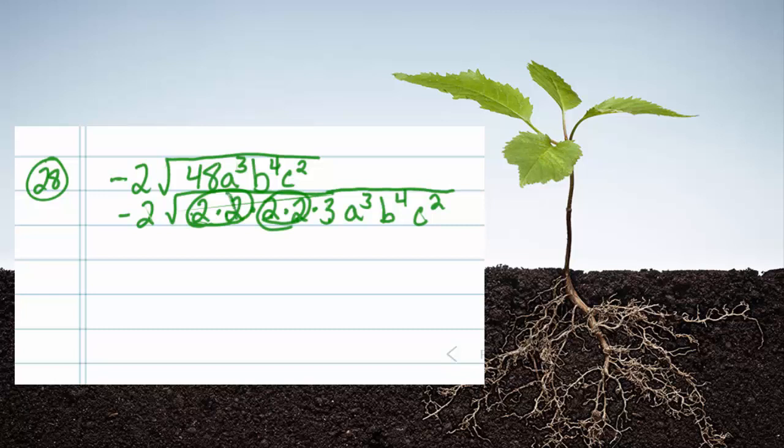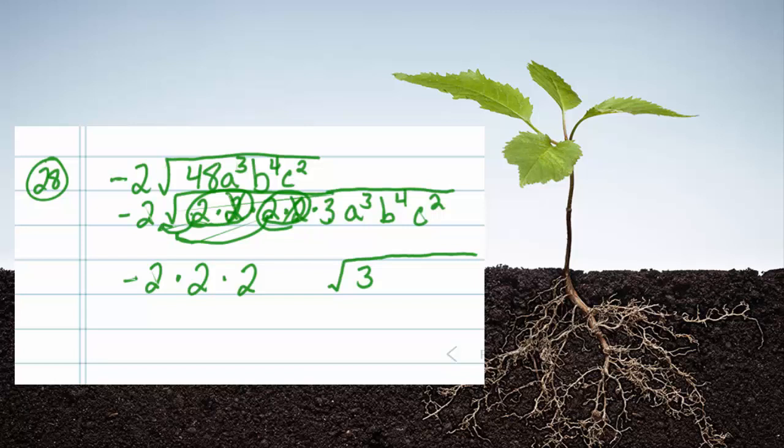Now I see right away I have one pair of 2's. I have a second pair of 2's, which means both of those are going to knock one off and kick forward. So I'll have negative 2 times 2 times 2. I'll leave myself a little bit of room for the variables, because we're going to do this a little more auditorially. I see that I have a 3 left inside the radicand.